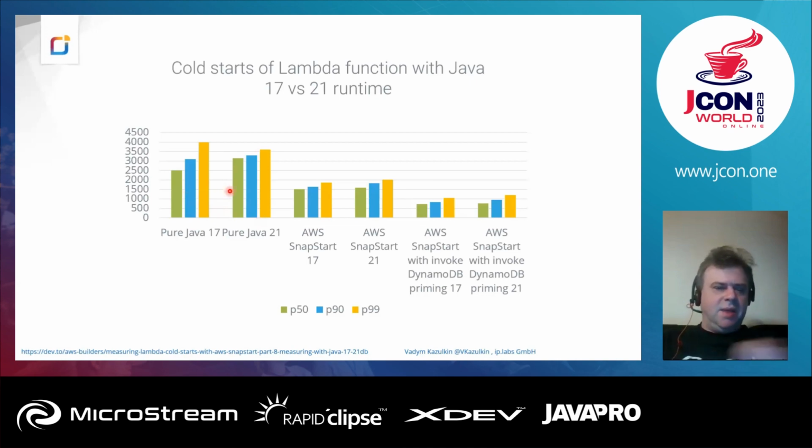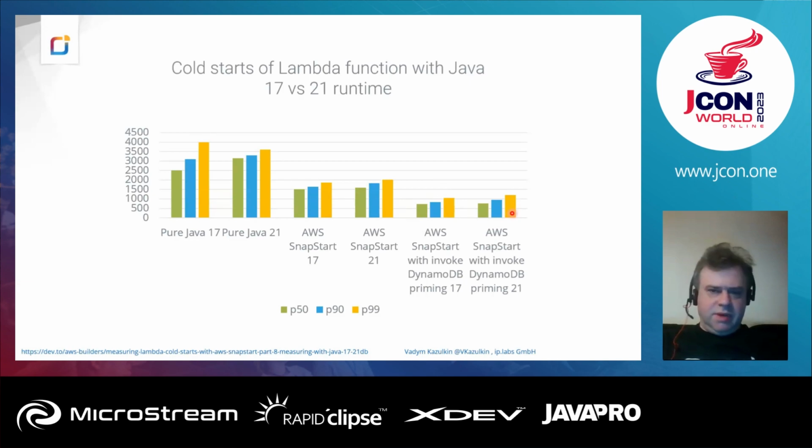You see a bit of a different story, but at least high cold start. If you use SnapStart, they are comparable. I saw that P99 was higher with Java 21. I don't know why. And if I use SnapStart with priming, it's also more or less comparable, but P99, these yellow ones, were a bit higher with 21, but not significantly. I think that's more or less okay.